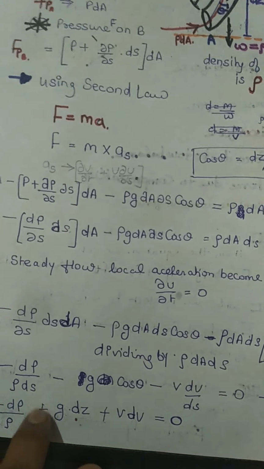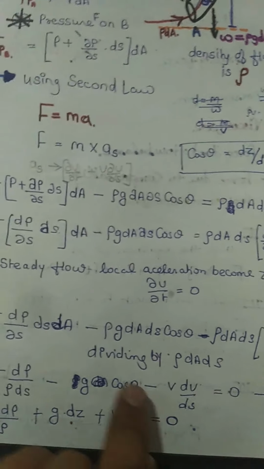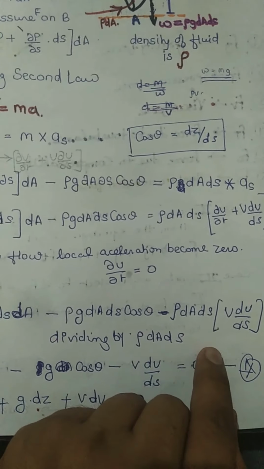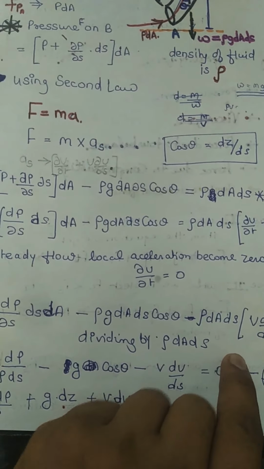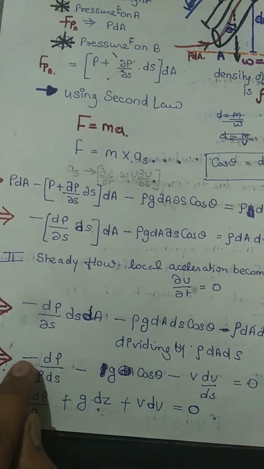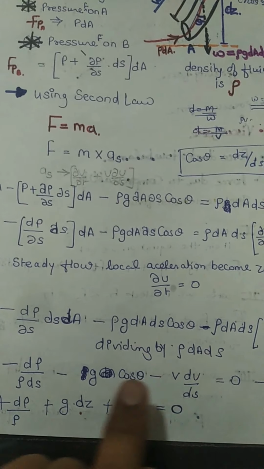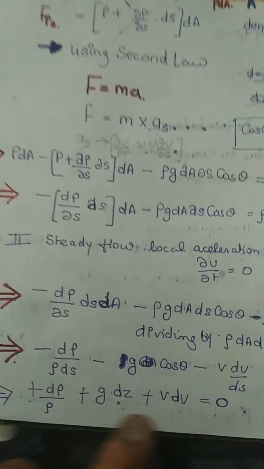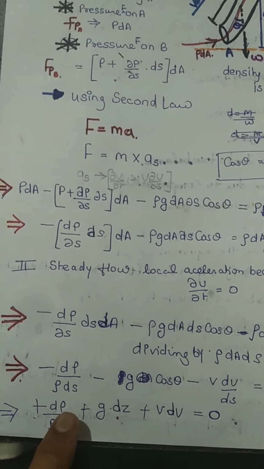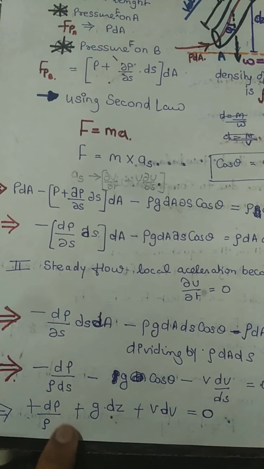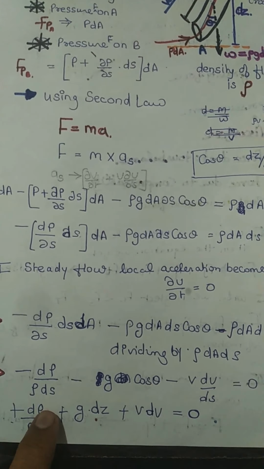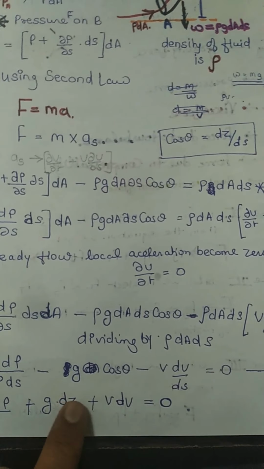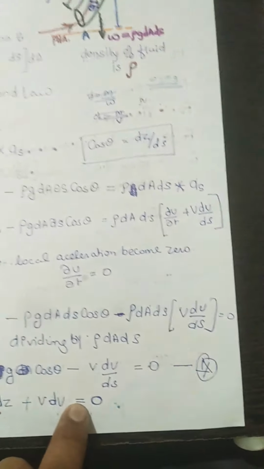Now taking all the ds terms common and multiplied with 0, and taking all the negative terms common, then all the negative terms get cancelled. The leftover term, that is del p by rho plus g dz plus v dv equals 0.